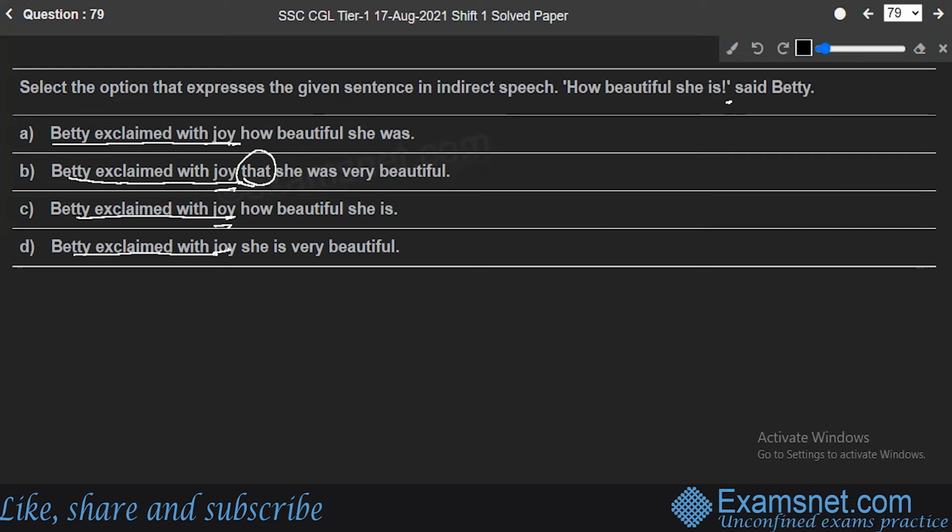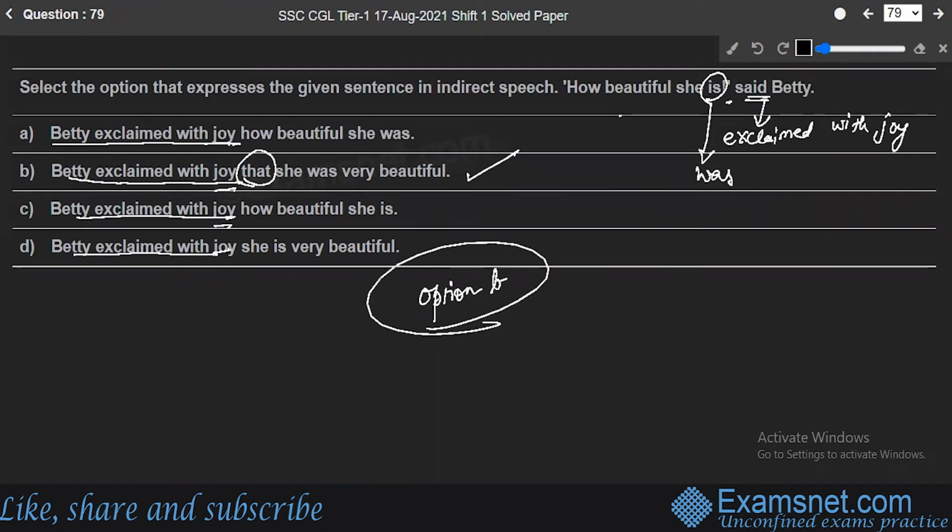"Said" will be changed to "exclaimed with joy", and "is" will be changed to "was". Hope you are clear. Option B is the correct answer to the question.